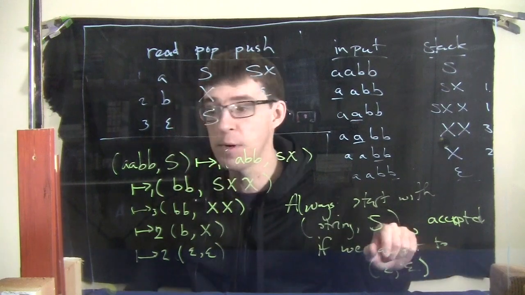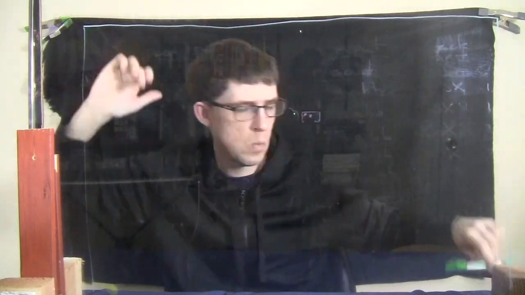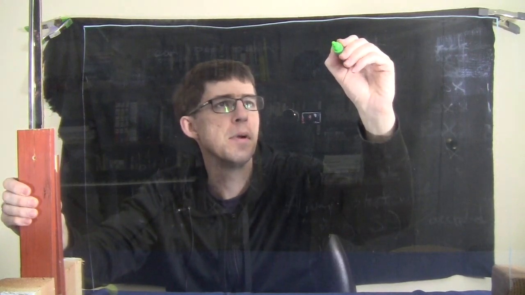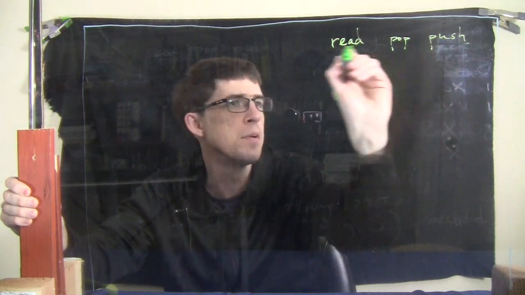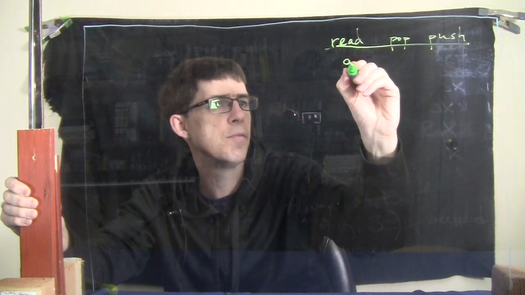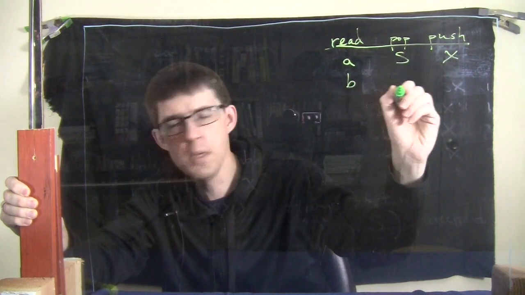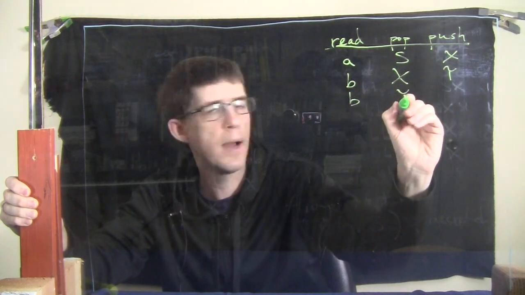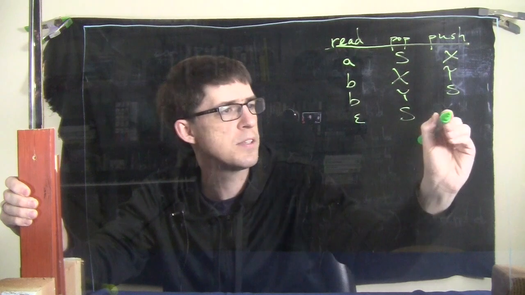All right, let's try another one. I'm going to put the rules up here: read, pop, push. So I can read A, pop S, push X. Read B, pop X, push Y. Read B, pop Y, push S. And read epsilon, pop S, push epsilon.